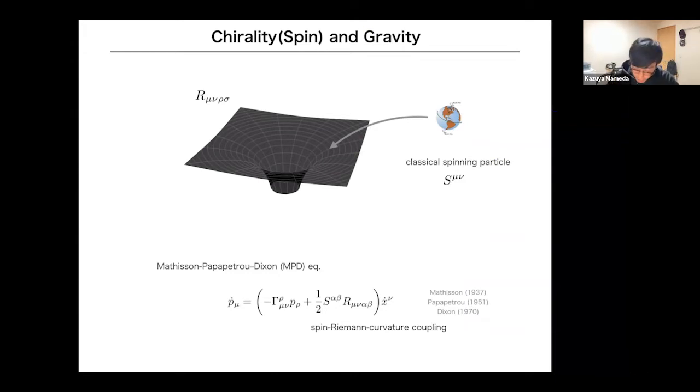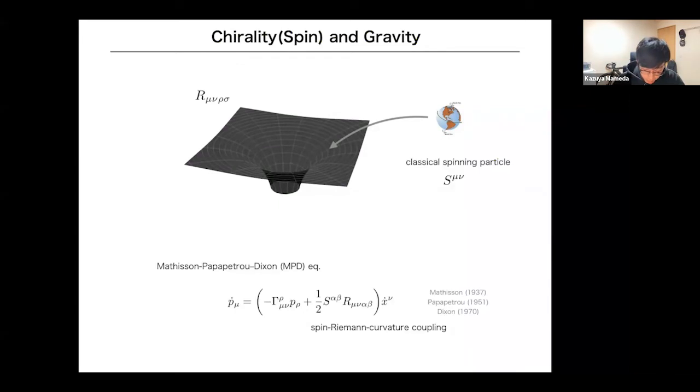So first we prepare some spinning particle where the spin is described by the spin tensor S mu nu. So now I write the Earth here as a classical spinning particle.